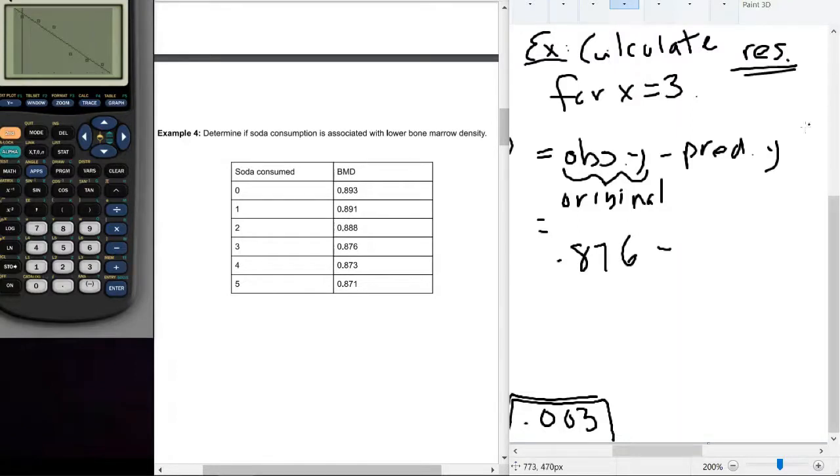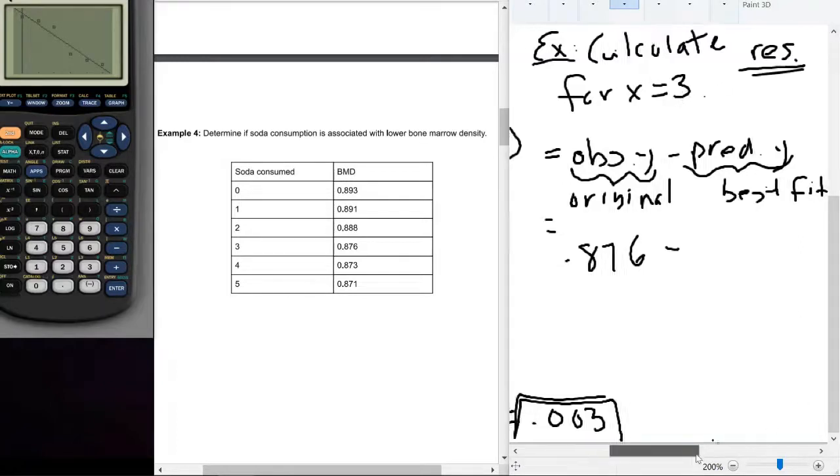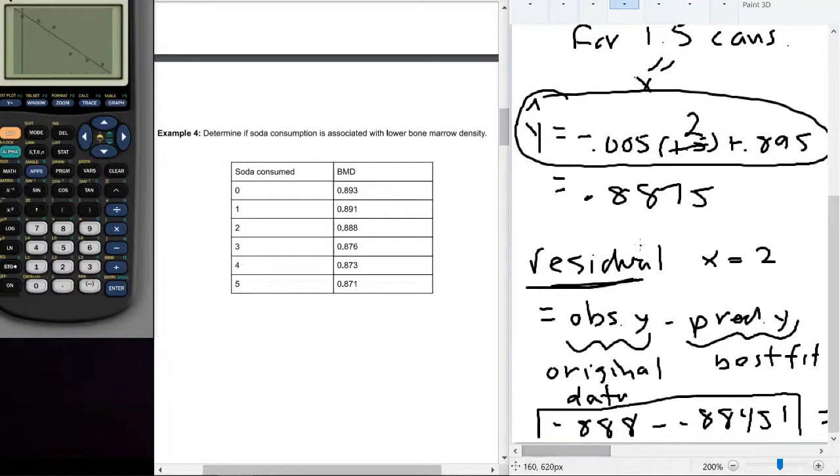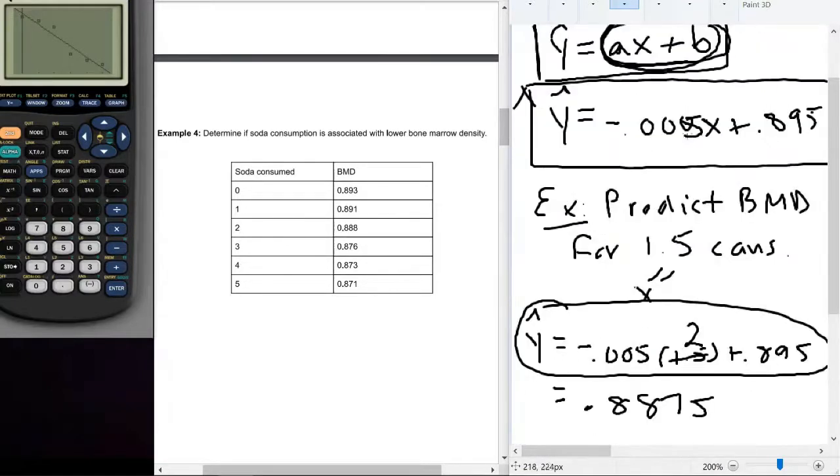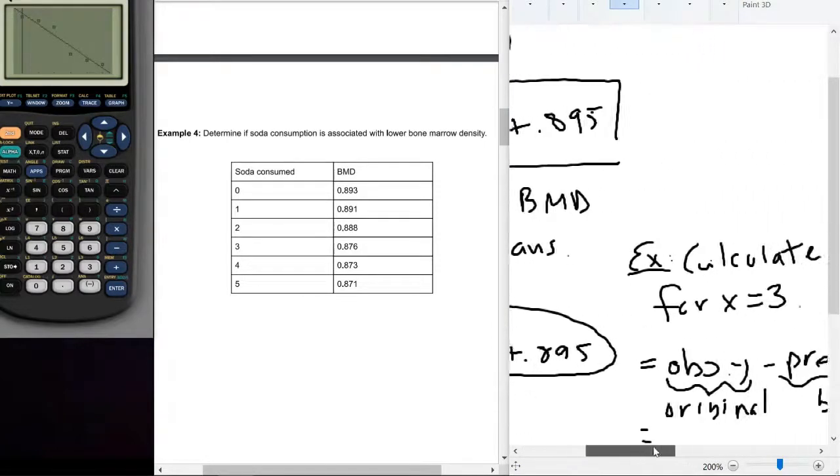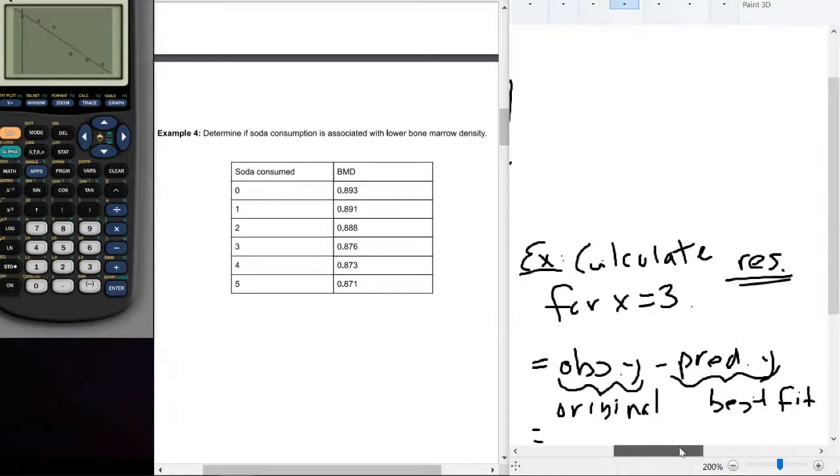Minus, now we need the predicted y. Predicted y comes from the best fit, keep that in mind. And you can either plug in 3 to your best fit equation. Remember that your best fit equation is this one, right? So you can plug in 3 here. But to be more accurate, we're going to use the calculator to help us.